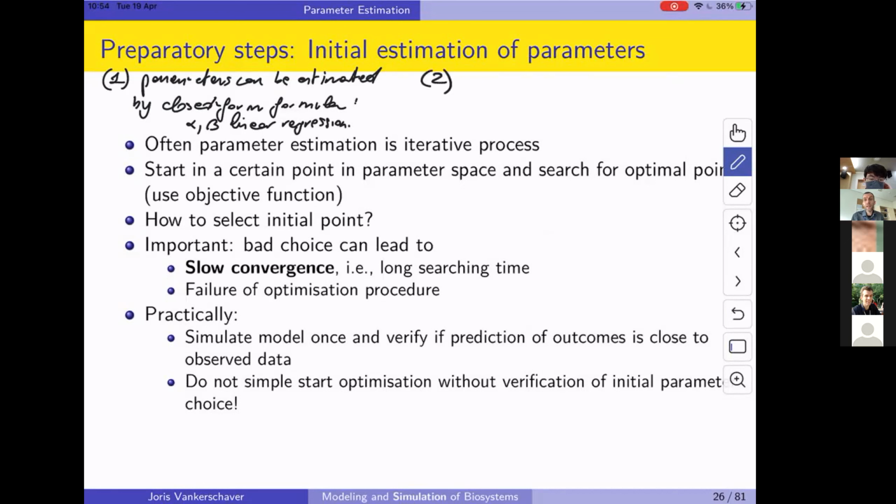The other option is that there's no such formula. So in this case, the parameters need to be estimated numerically. And as you can probably guess, the vast majority of optimization problems, of parameter estimation problems, are going to be in the second category.